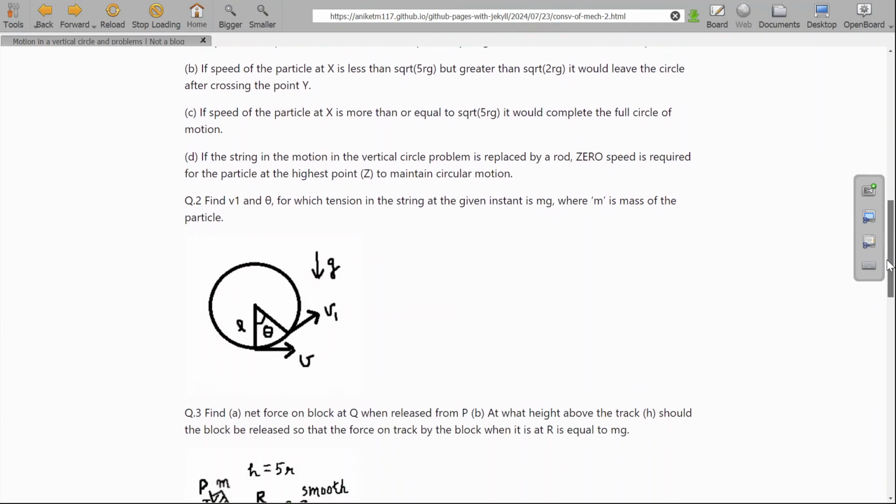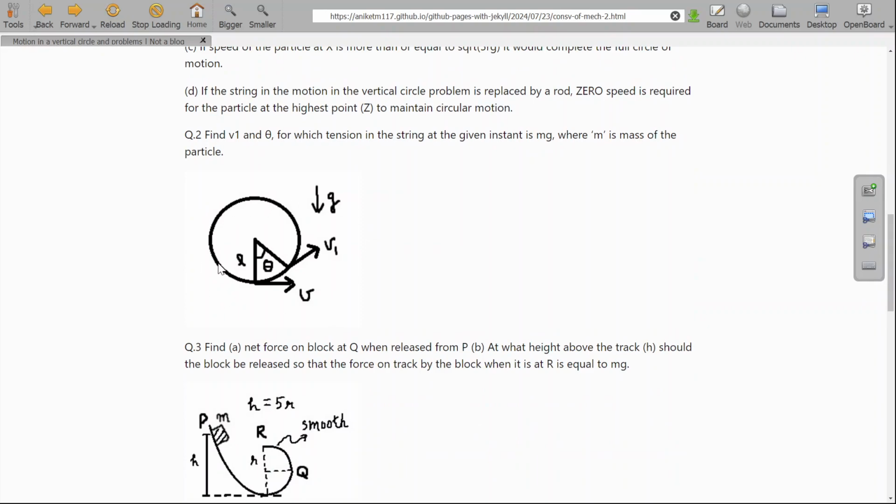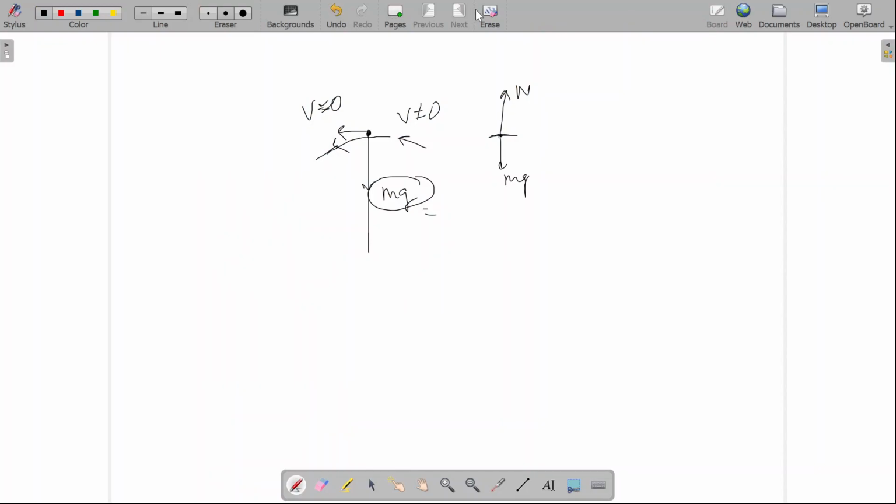First question done. Next question: we have a circular track, and in that we have a particle with speed v at the bottommost point. We have to find the angle where the tension in the string is mg, where m is the mass of the particle. So how will we do it?